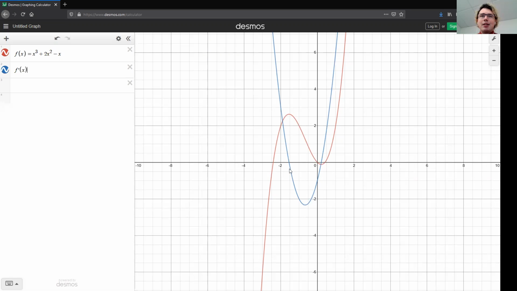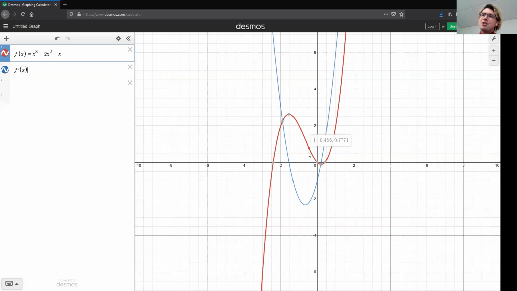Also, I can see that in all of the places where my blue function is below the x-axis, those are places where my derivative is negative, or equivalently, those are places where the tangent line has negative slope. Those are all x-coordinates where the red function is decreasing.